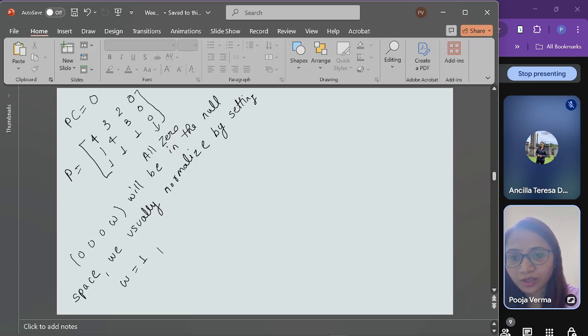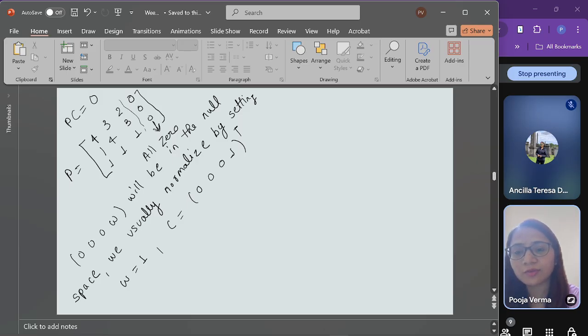Okay, so here we can write C is equal to 0, 0, 0, 1 transpose. Because the last column is all 0, we can cut it down, and in that case we can write the camera center for this.